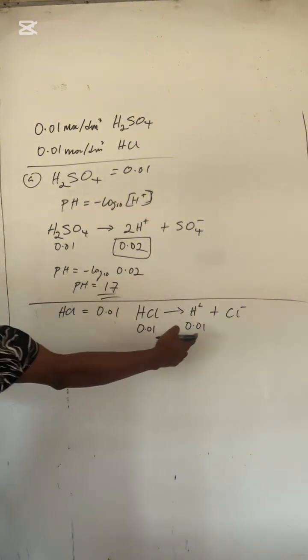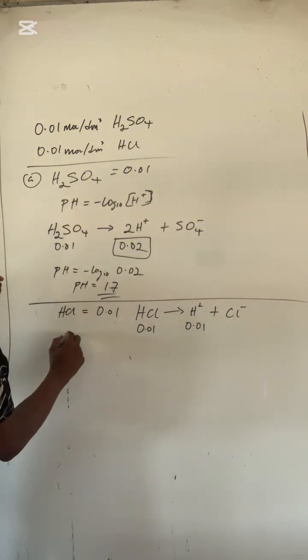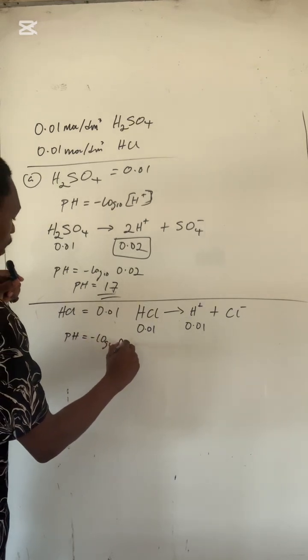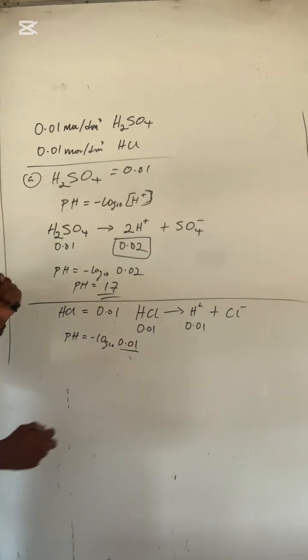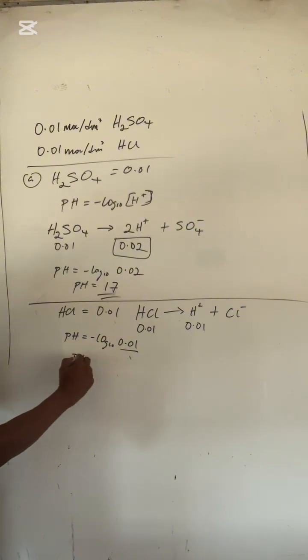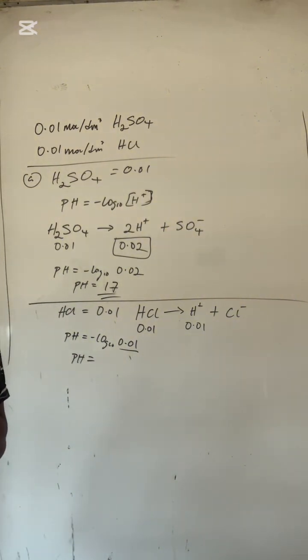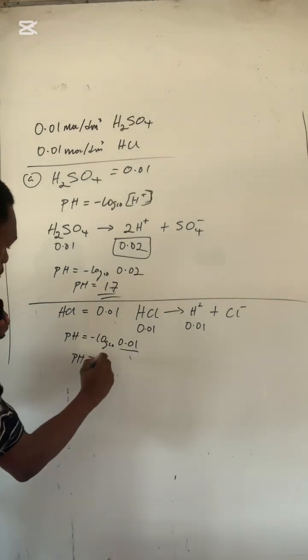Now let's plug this value in our formula, which is pH equal to negative log base 10 of the hydrogen ion concentration, which is 0.01. And if we simply get the negative log of that, at the end of the day, we find out that it is equal to 2.